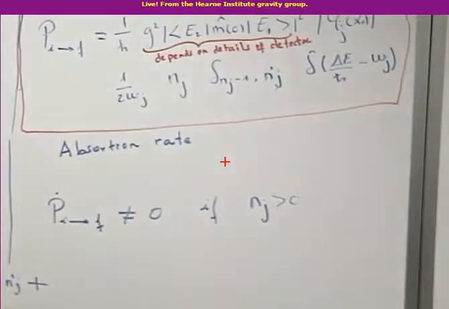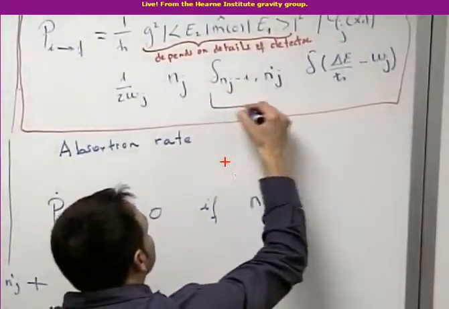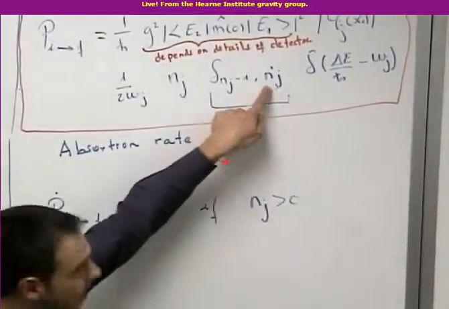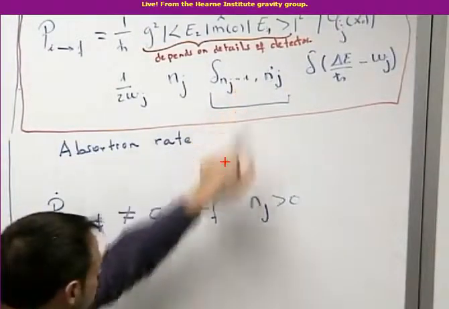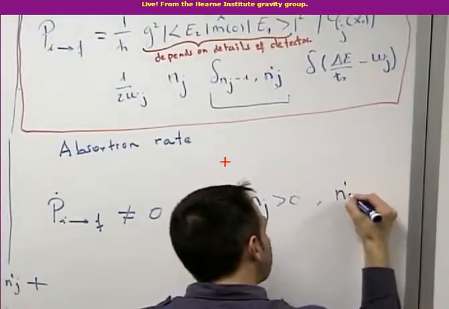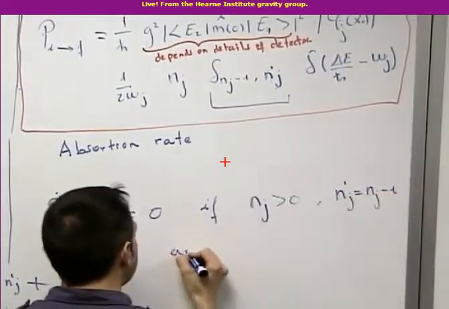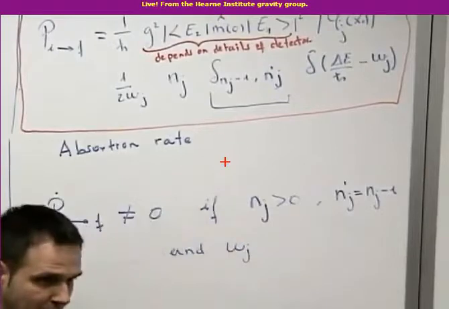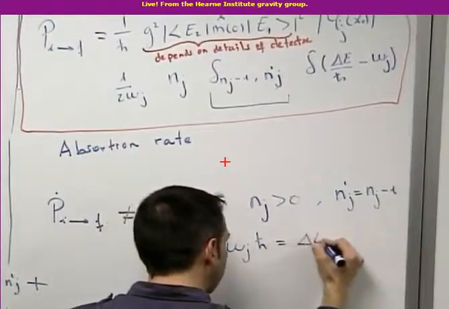So we need at least one quantum. The Kronecker delta tells us that the final state has one less quantum than the initial state. The final state is n_j minus 1, and the energy of the quantum which has been lost is exactly the same as the difference of energy.